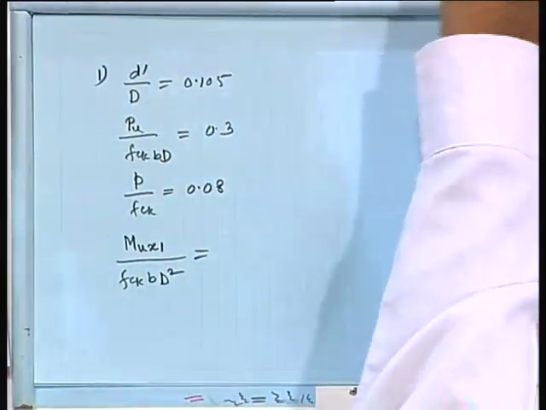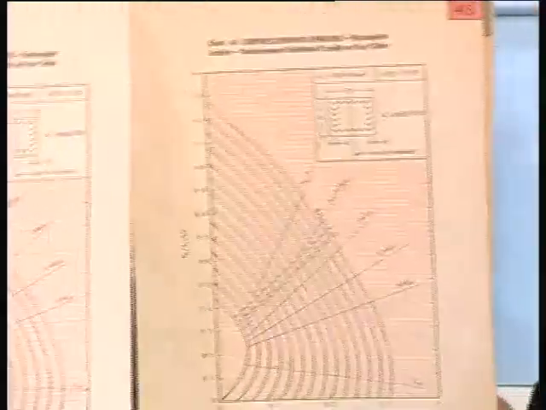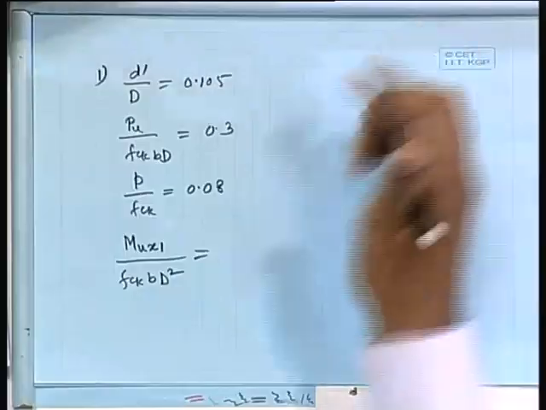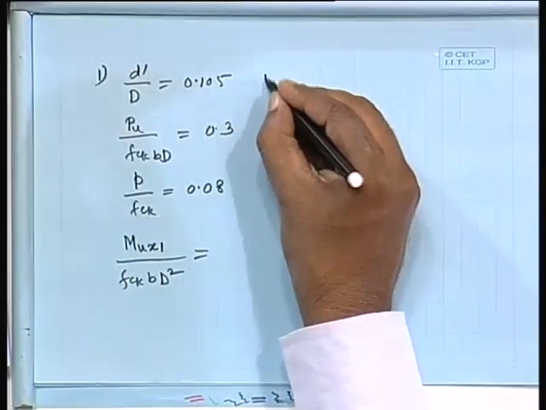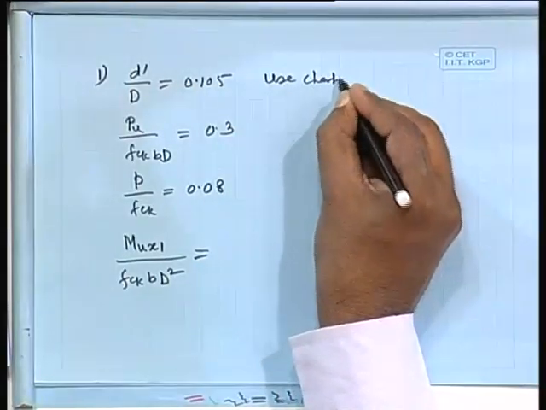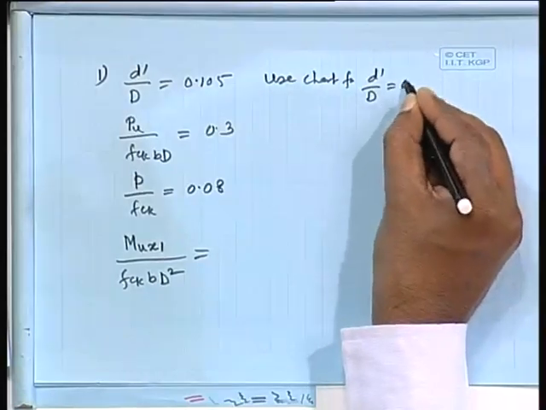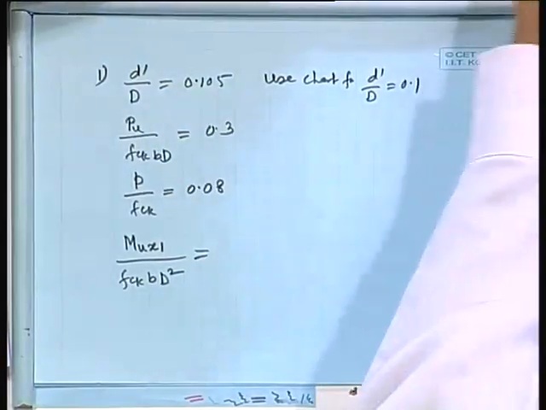We are talking about the major axis, so about D. If that be the case, d dash by D equal to 0.105, use the chart for d dash by D equal to 0.1. That one comes in chart 44.